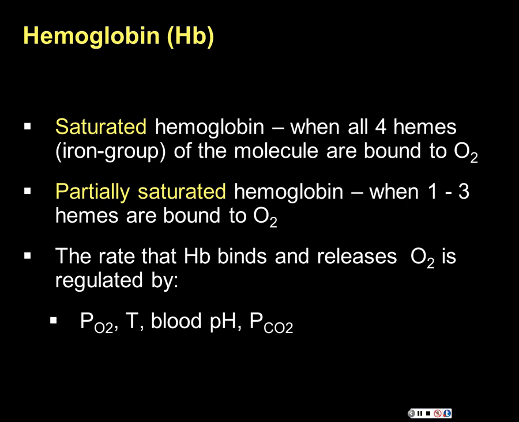My temperature, if it goes up, changes the shape of that protein, let go. My partial pressure of carbon dioxide probably goes up, thusly causing the pH to go down. All of these factors contribute to hemoglobin letting go of oxygen. And the effect is that it lets go of oxygen, oxygen goes to the tissues, right, to keep the tissue metabolizing and alive and healthy.